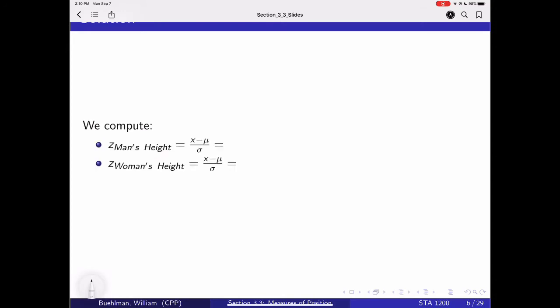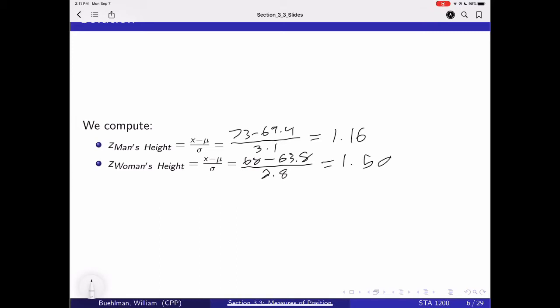The man was 73 inches tall, and the mean for men was 69.4 inches, divided by the standard deviation, which is 3.1 inches, and that gives us a result of 1.16. The height for the woman was 68 inches, the mean for women was 63.8 inches, and their standard deviation was 2.8 inches. So that z-score is 1.5.